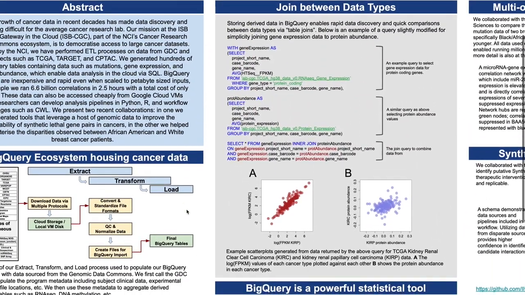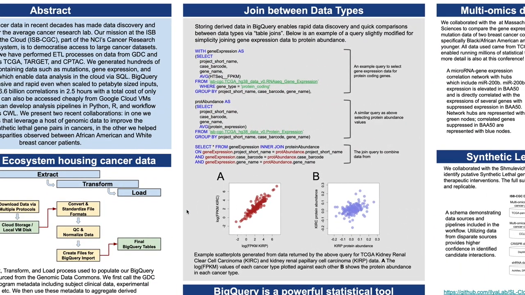It is also possible to join between distinct data types. So here I'm showing a query doing exactly that. You can join based on the case barcode or the aliquot barcode that I mentioned before, and this query is showing a join between RNA sequencing and protein expression stored in 2 separate tables.